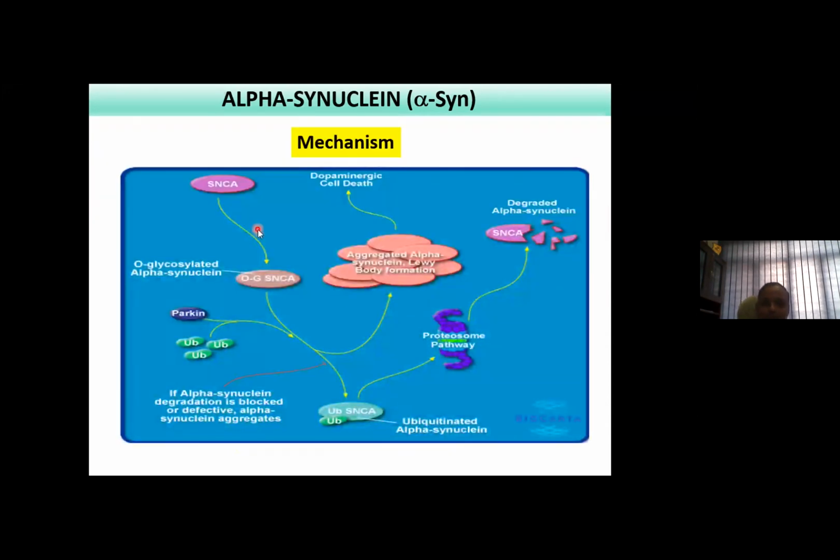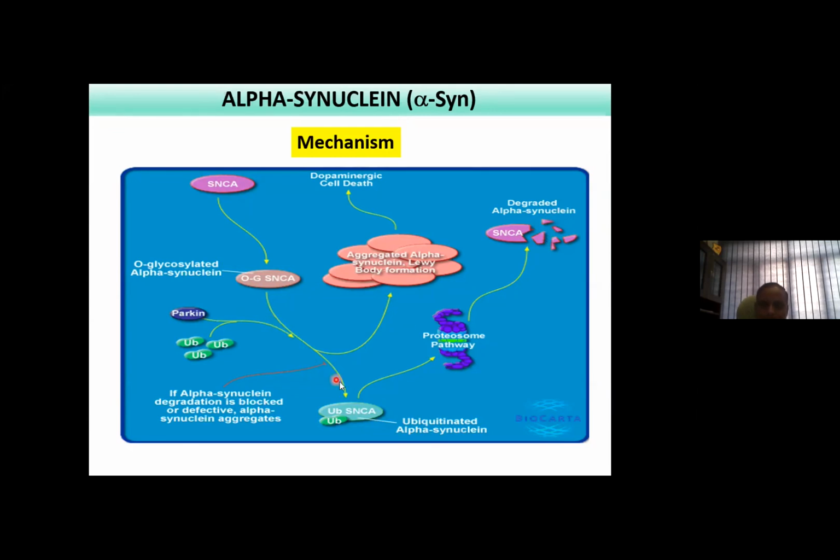The main mechanism here is that the protein goes through the aggregation process. Normally, this alpha synuclein protein is ubiquitinated, activated by the Parkin2 gene, and goes through the proteasome pathway to be auto-degraded.